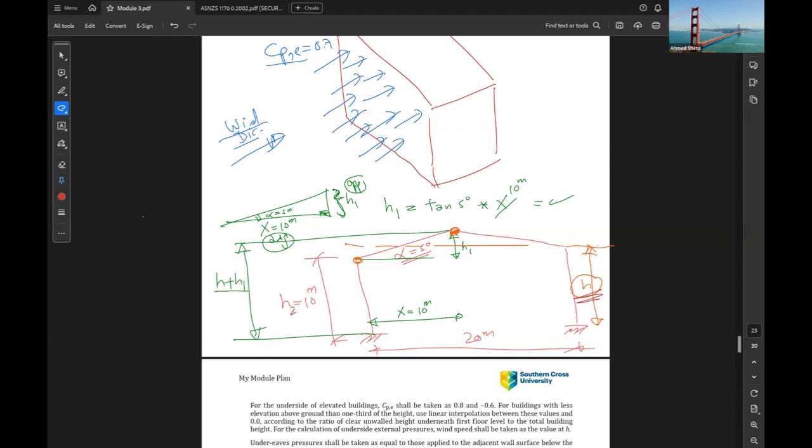You're not finding the midpoint of the roof, you're finding the average, because not all of the building has the highest height, so you try to balance between the lowest point and the highest point.